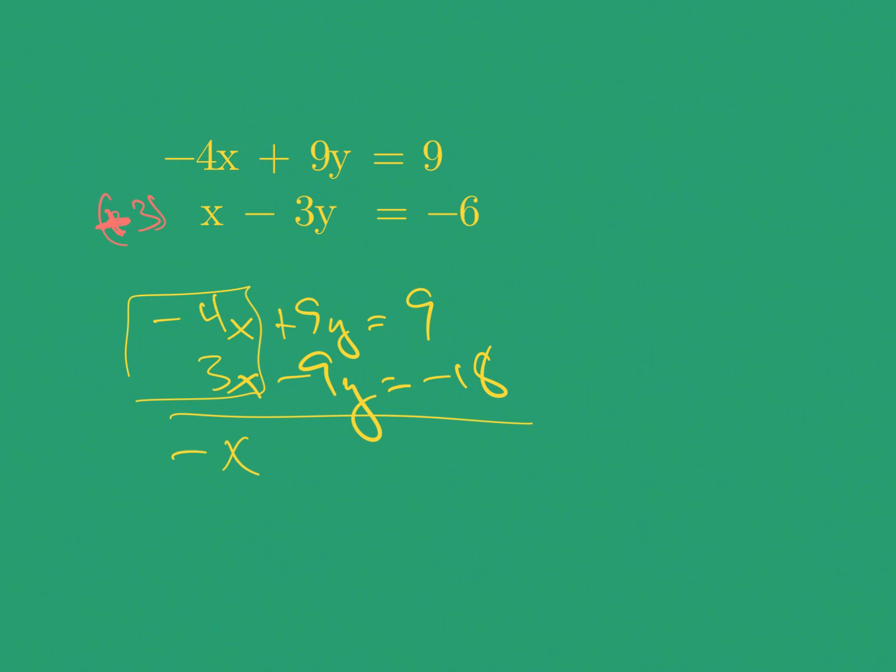Remember, you're adding here. You're combining like terms. So negative 4 plus 3 is negative 1x. 9y minus 9y, gone. That's what we planned for. We eliminated the y's. And what's 9 minus 18? Negative 9, good.